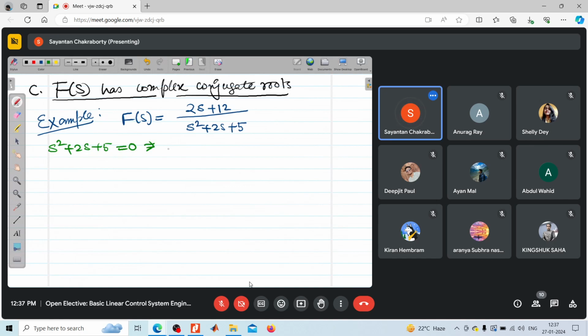That implies, s plus 1 whole square plus 2 square equal to 0. So the factors will be s plus 1 plus j2, s plus 1 minus j2 equal to 0.